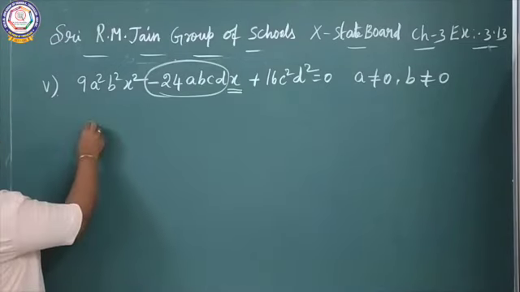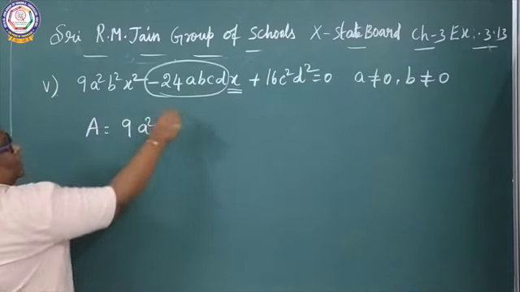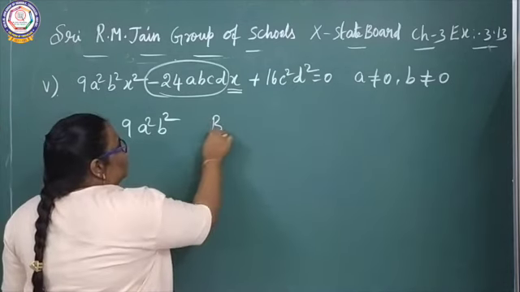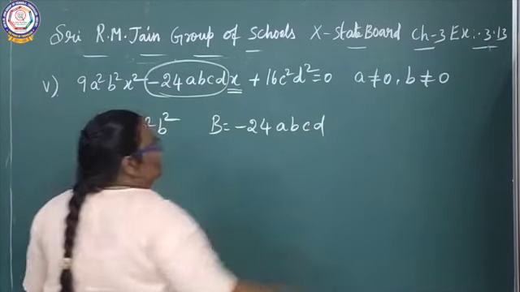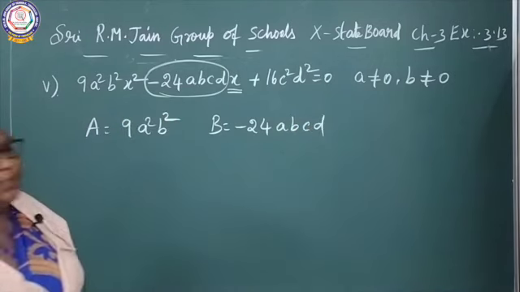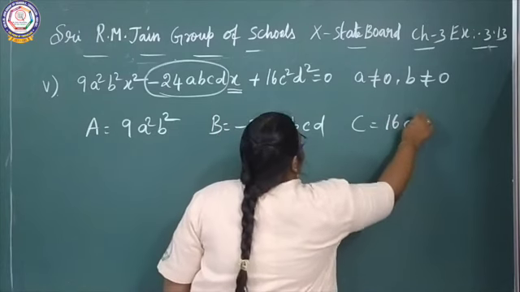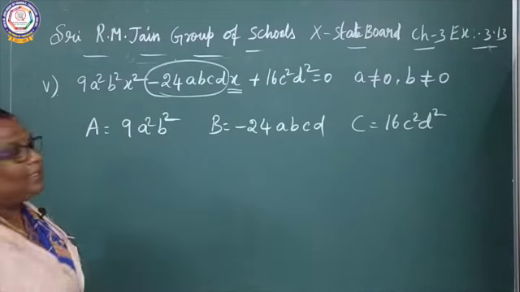See here, a value equal to 9a square b square, because it is the coefficient of x square. b equal to minus 24abcd, because it is the coefficient of x. c equal to 16c square d square, the constant.